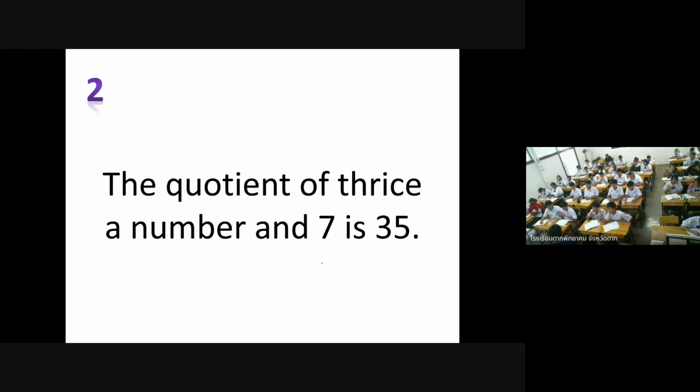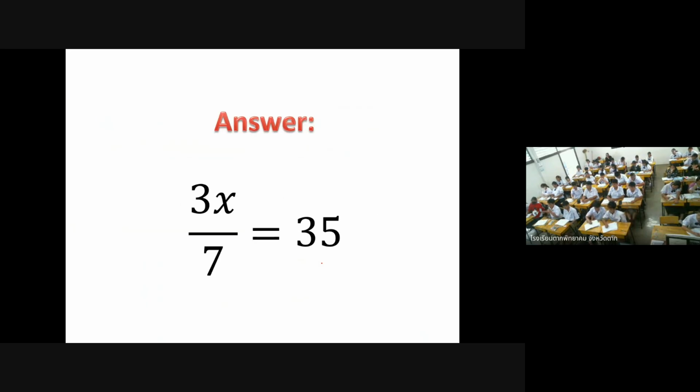Okay, stop writing. The answer is 3x over 7 equals 35. But again, we can set it up as division or we can write it in fraction form.